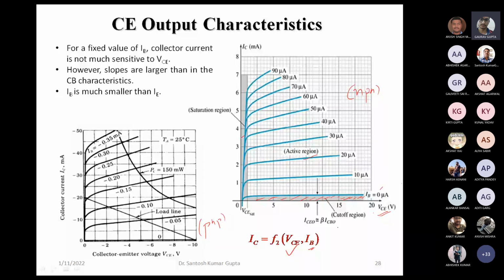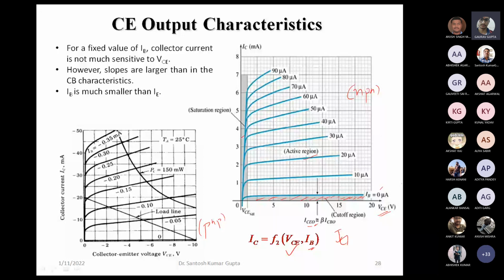The leakage current is now ICEO. O stands here for base open, and CE stands for the current between collector and emitter. So ICEO is a current value similar to ICBO of the common base.